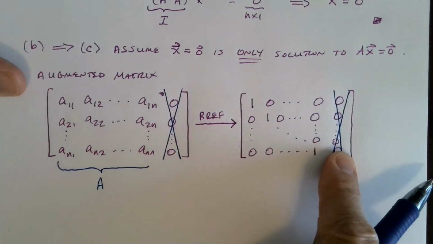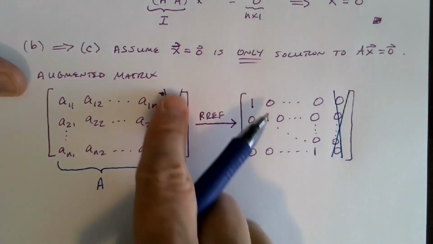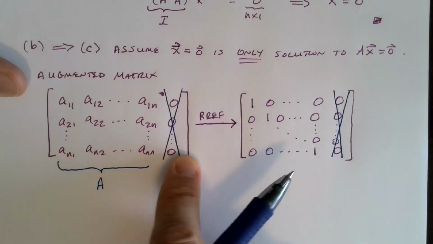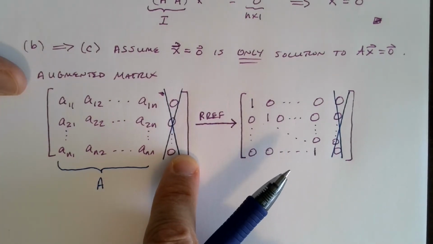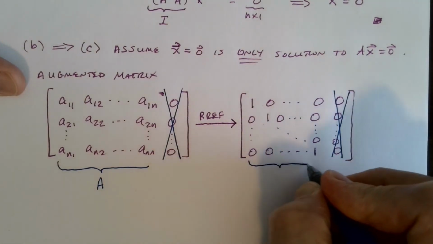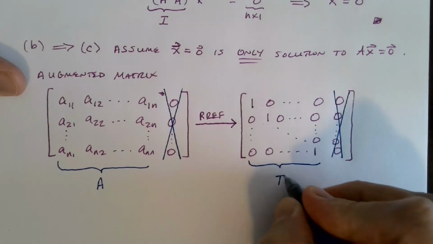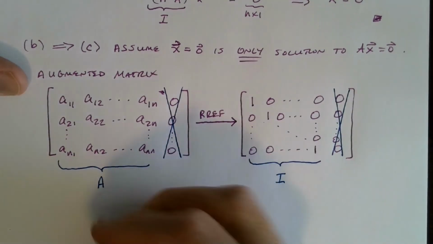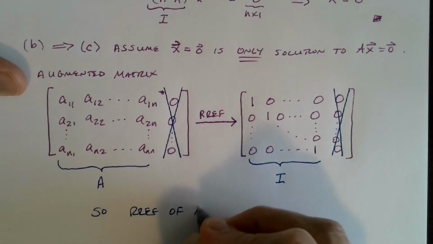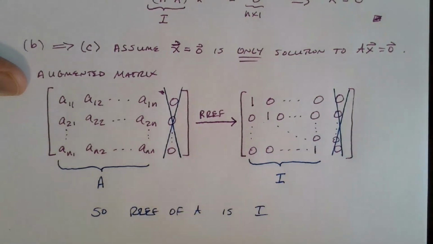These zeros, any row operation I do, this column of zeros is never going to change. I can never introduce anything other than zeros by doing any row operation. And what is this resulting matrix here? It's n by n what? It's the identity matrix. And so what we have is clearly that the reduced row echelon form of A is the identity matrix.